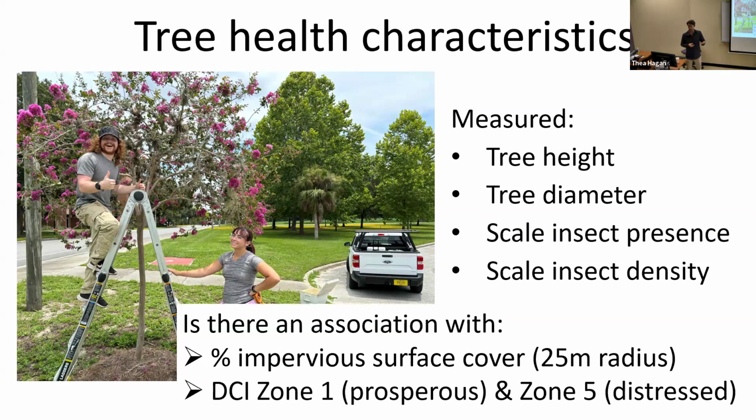And then looked to see if there were relationships between local planting conditions, like I was just talking about, like the amount of pavement around a tree planting, or the economic well-being of the neighborhood where that tree was planted. And this is really kind of a teaser because we're in the middle of this project, so I don't have a complete story here.